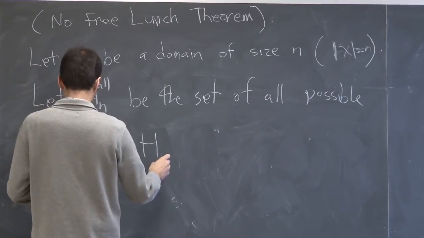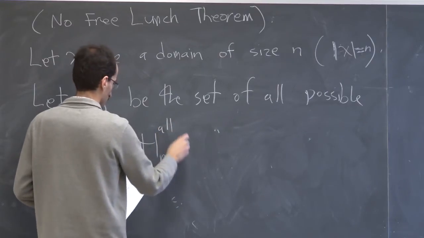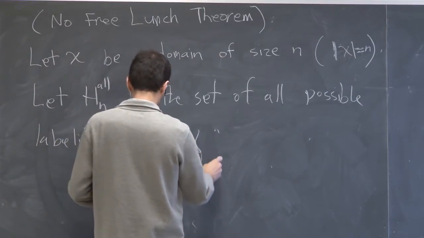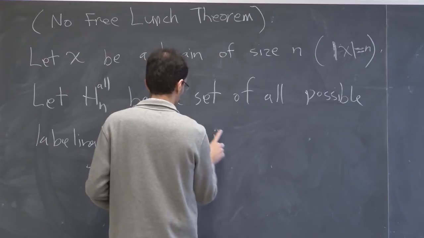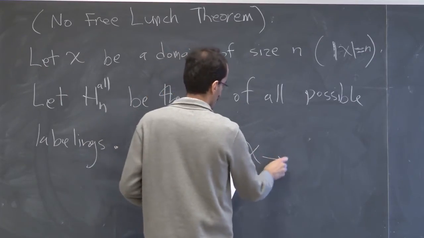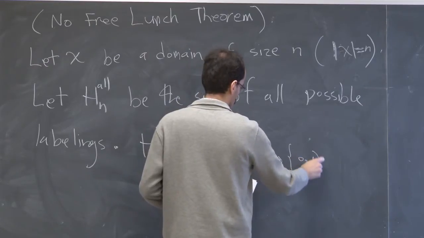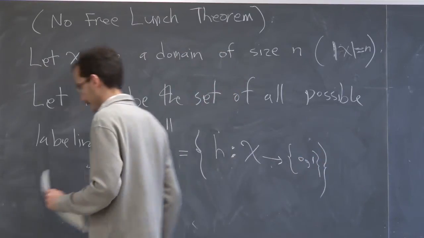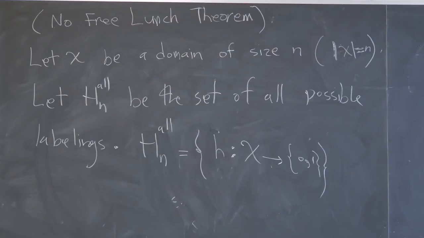So H_all will be all hypotheses from X to {0, 1}. But this is over a finite domain.